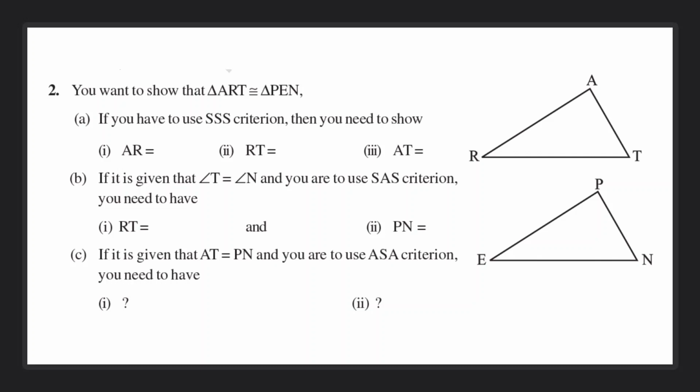This is question number 2 of your NCERT book. You want to show that triangle ART is congruent to triangle PEN. So these are the two diagrams given, triangle ART and triangle PEN. If you want to use SSS criteria, then remember, we need to show that all three corresponding sides of both the triangles are equal.